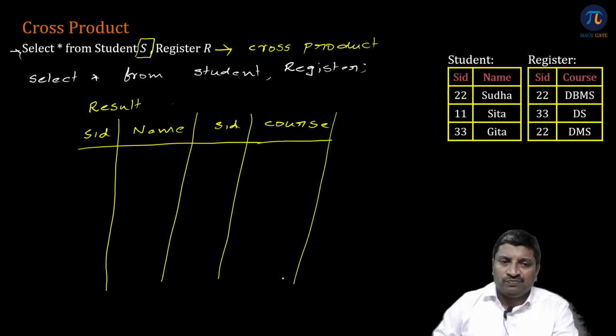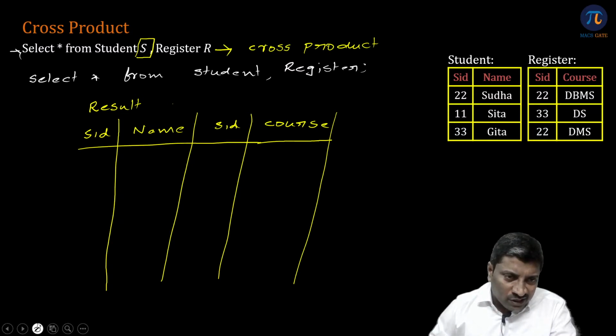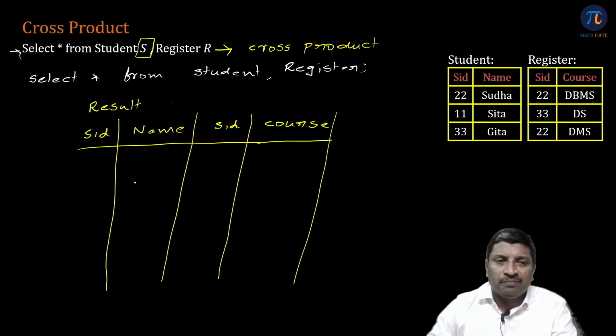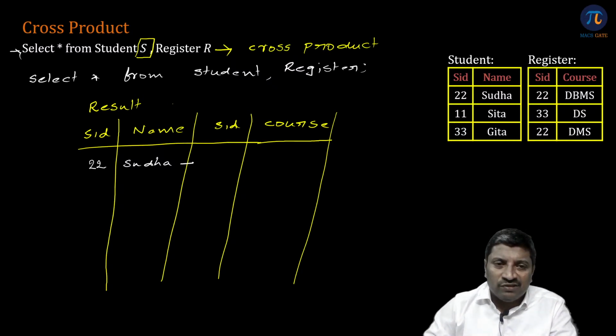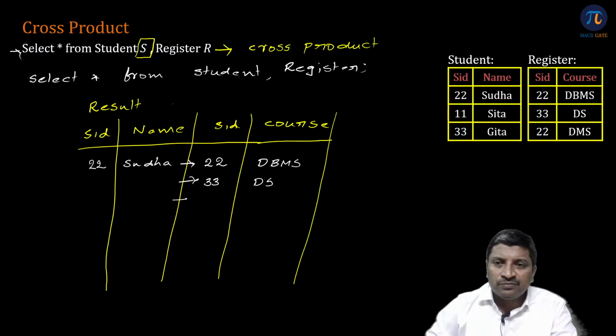Now, what are the records? We already discussed how to form the cross product. Anyway, let me recall it again. Consider the first record. What is the first record? 22 Sudha. It needs to be mapped with all the records of the second table. What are the records of the second table, sir? 22 DBMS, 33 data structures, 22 discrete mathematical structures.